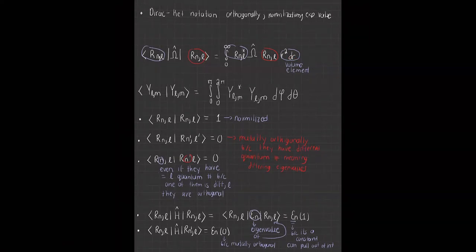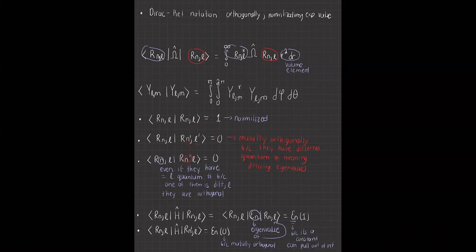Okay, and it's the same thing for the angular wave function. Since it's a simple way of writing integrals, if n and l are both equal to each other and they're both normalized wave functions, the radial wave function, when you integrate and put it in this notation, is equal to 1. If n or l is different, this will equal 0.